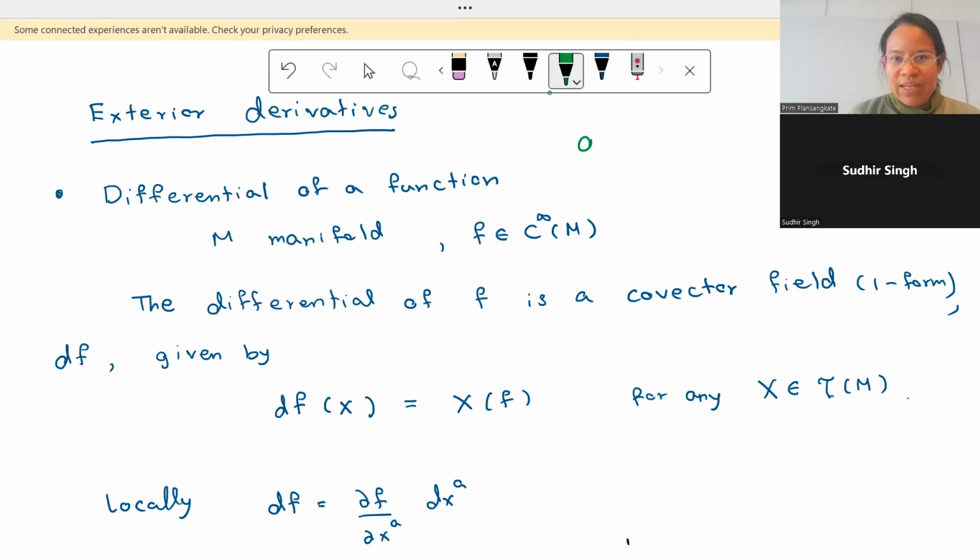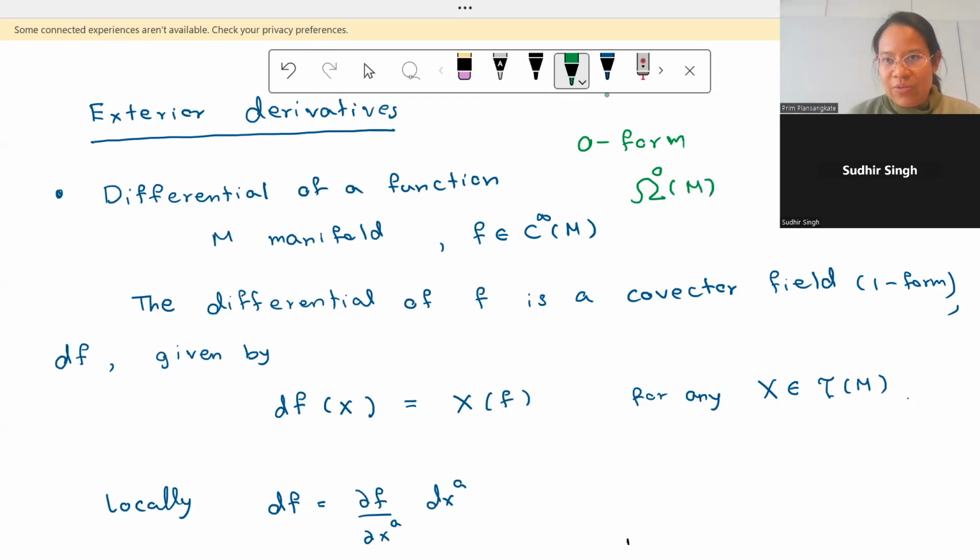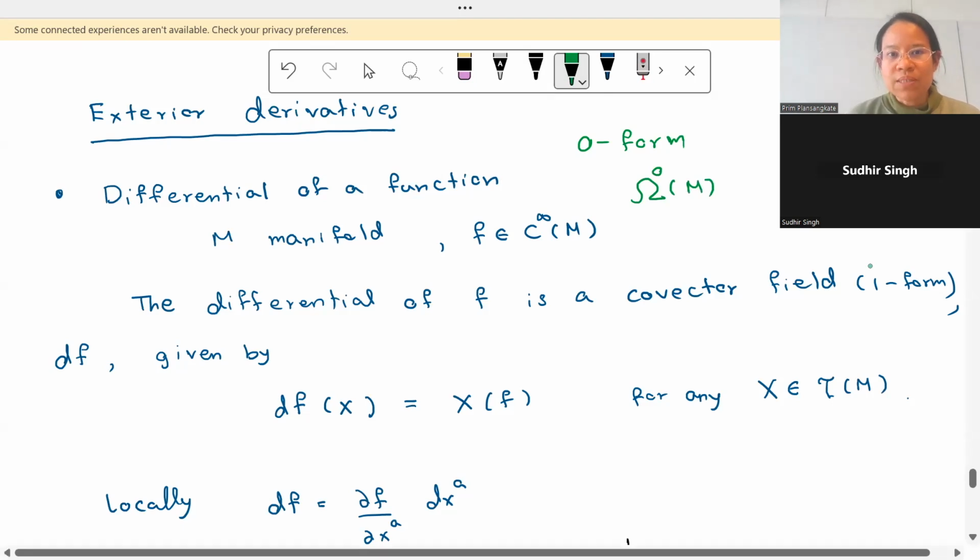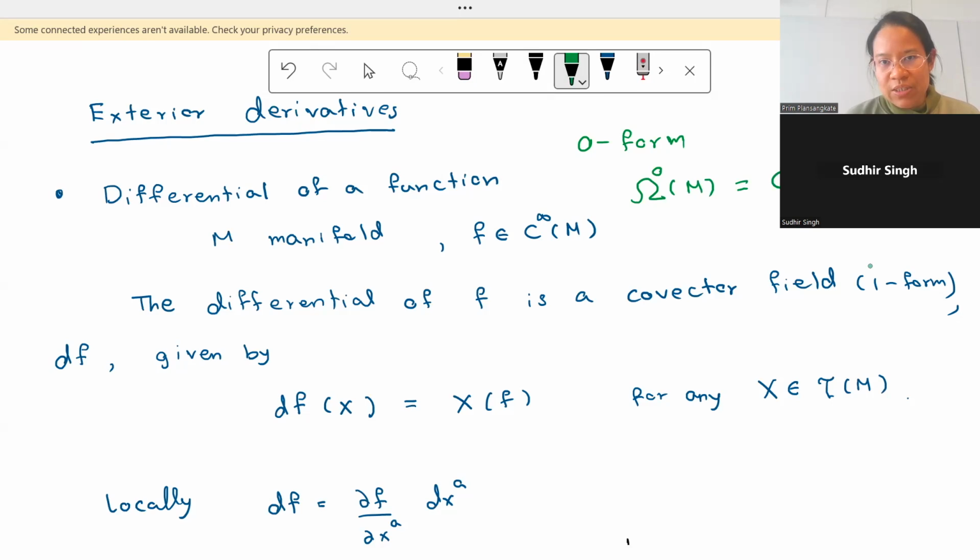A one form is a covector field, and we define a zero form to be just a smooth function. I rarely use the symbol, but if you use this for zero forms on M, then this is the same as a smooth function.